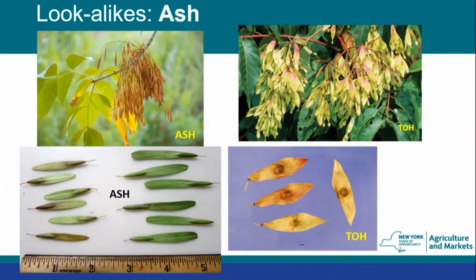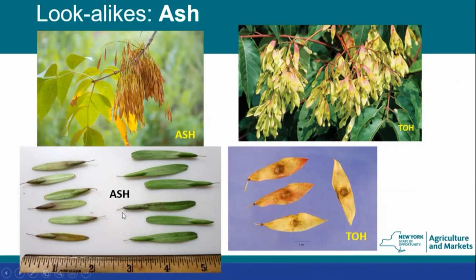But when you look up close, you can see that the ash seed is actually at the base of the samara, where the petiole is, whereas for the tree of heaven, the seed is in the center, maybe off center towards the tip. So if the actual seed on the samara is at the base, where the petiole is, it's ash.